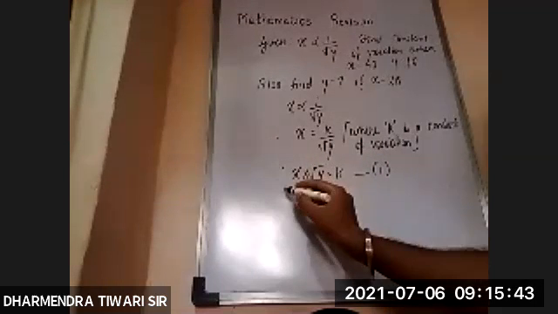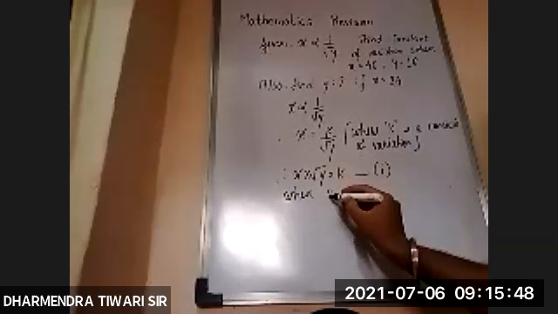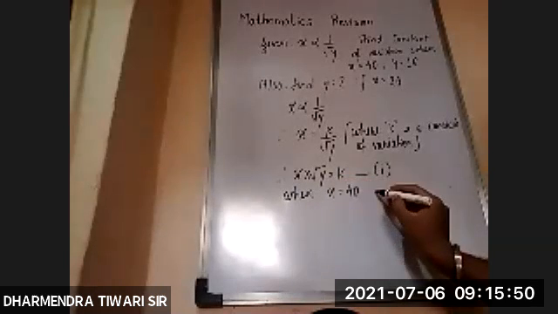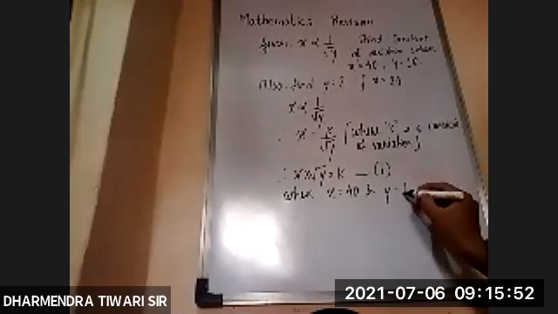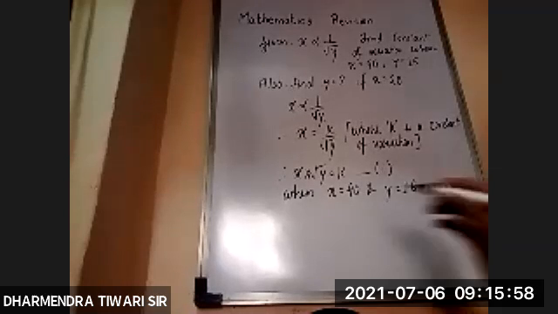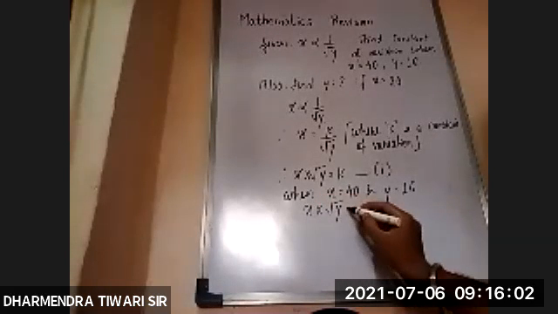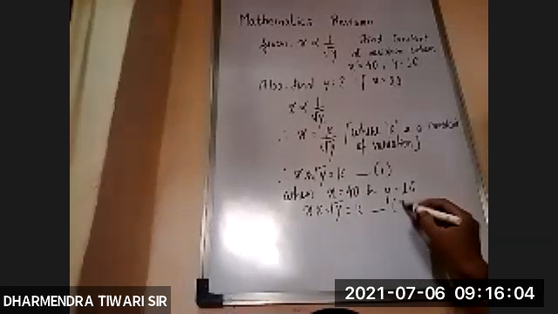When x is equal to 40 and y is equal to 16, we need to find the value of k. So x into root y is equal to k from equation 1.